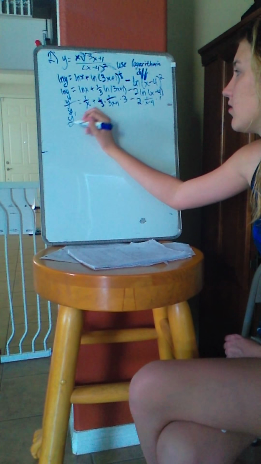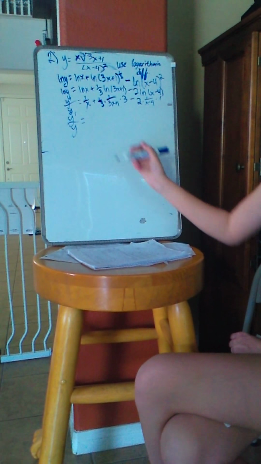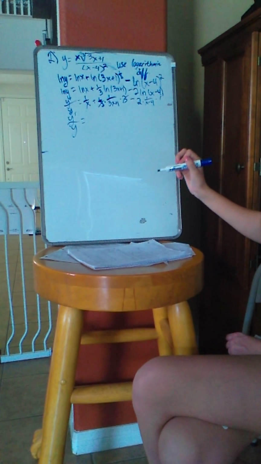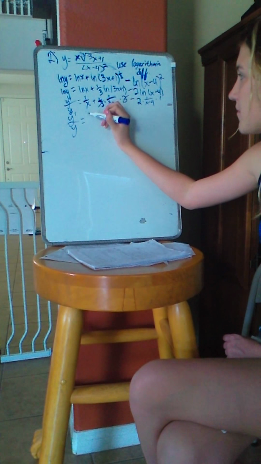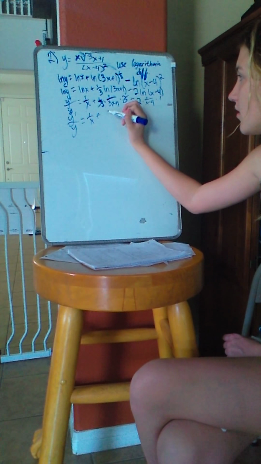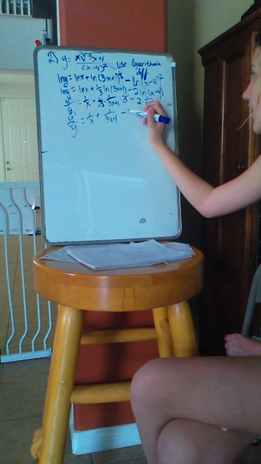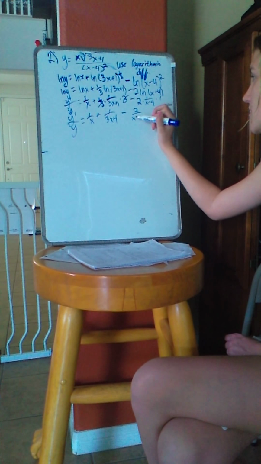And we're just going to cross these out. This 3 and this 3 can cross out. So 1 over x plus 1 over 3x plus 1 minus 2 over x minus 4.